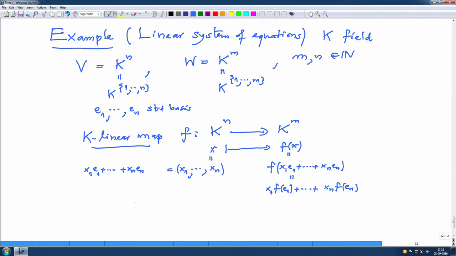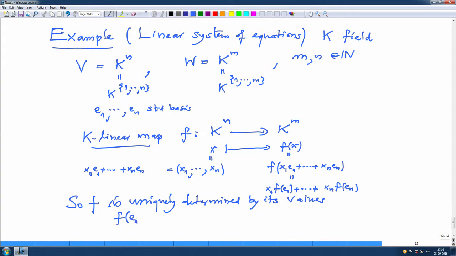So this means this map f is uniquely determined by its values f of e1, ..., f of en, which are vectors in k power m. So they are m tuples.